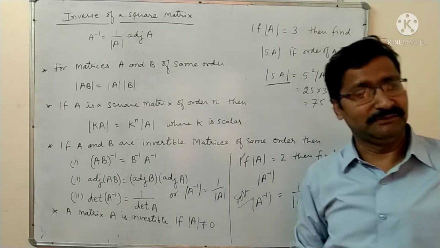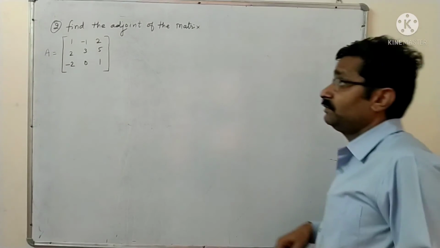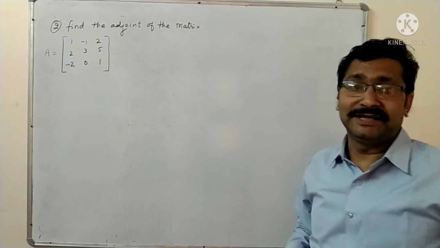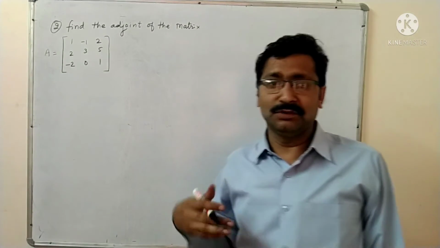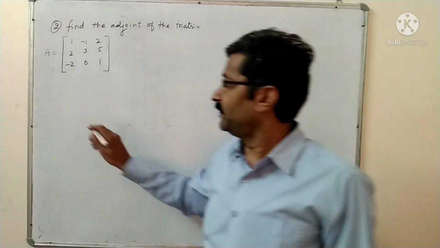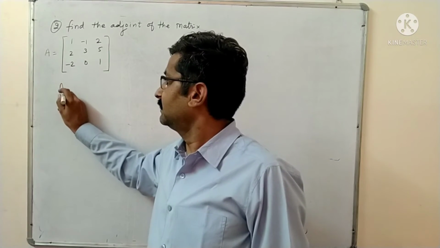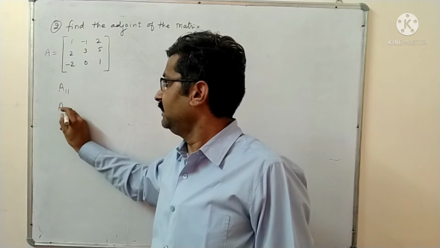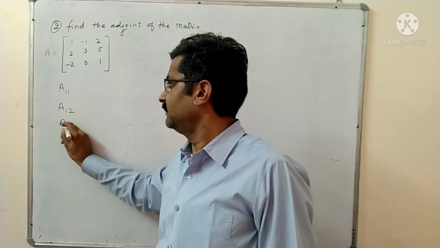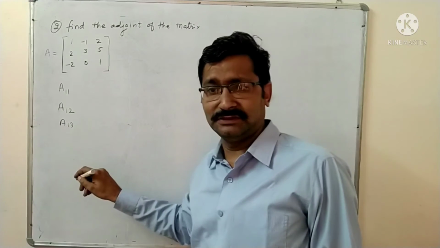Look here, we have to find the adjoint of the matrix, and for this, first of all you have to find the cofactors. So cofactors we have to find. How can we find them? For the first row, it is a11, then a12, then a13. These are the cofactors for the first row.